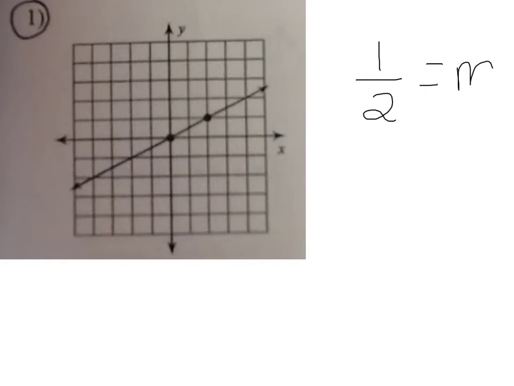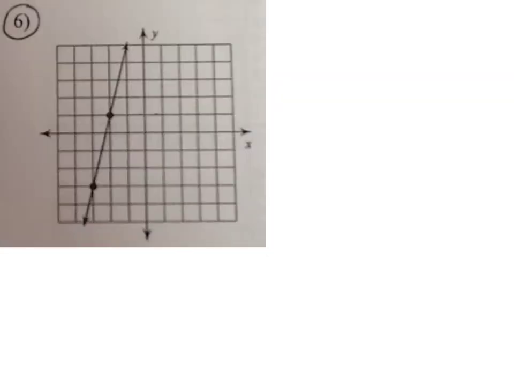Does it make sense that my slope is positive? Yes, because the line goes up to the right. This time I see a point at (3, -3), and one at (2, 1). I also notice that the slope is positive.